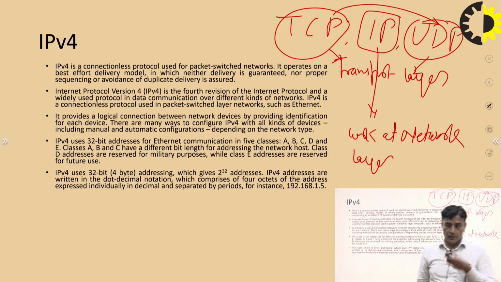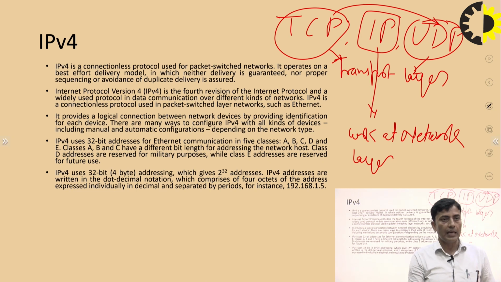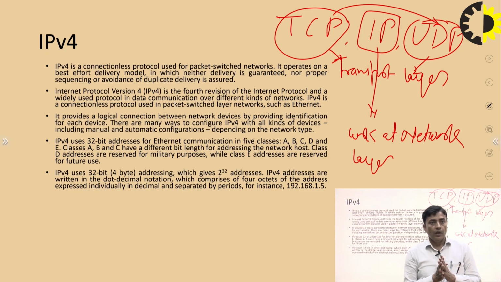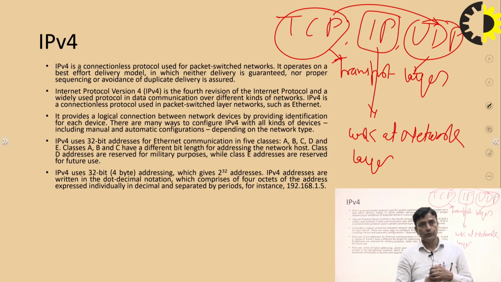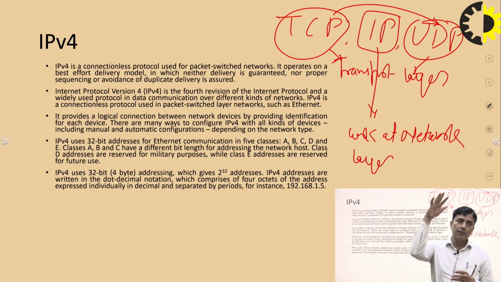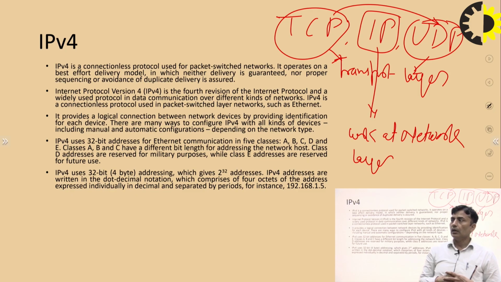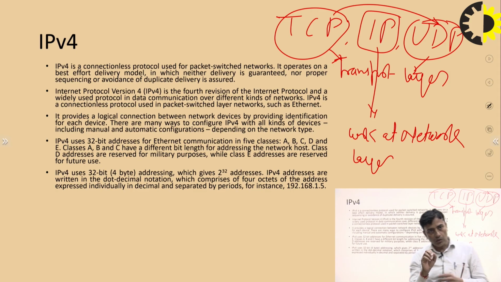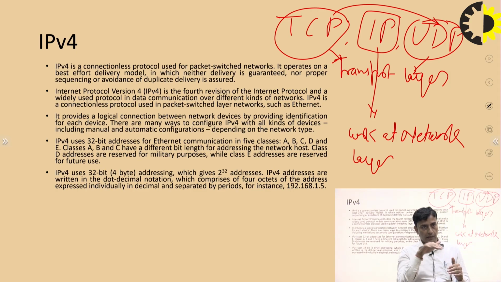So here, as we know, whenever any data is sent from source to destination, what happens? There are a number of layers. Each layer has its own work, its own functionalities. Whenever data is passed from the top application layer to the physical layer, in successive way each layer adds its own information, and that is known as the header at that layer.